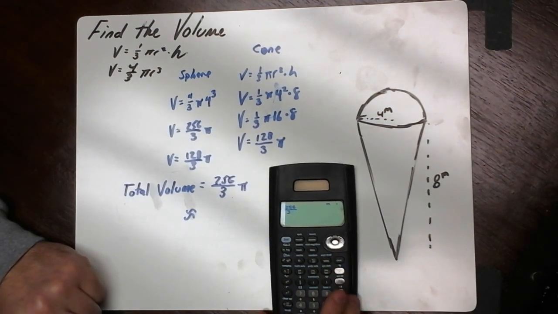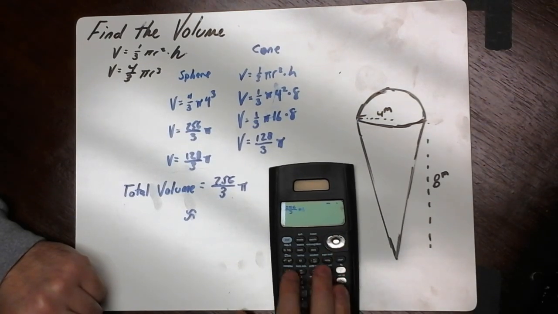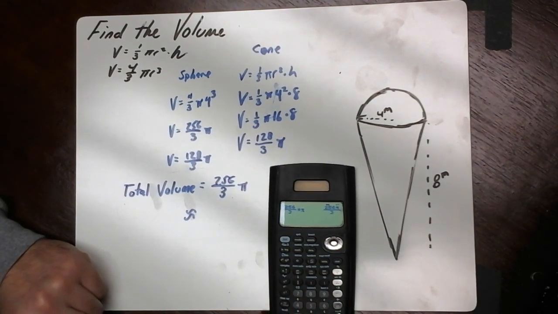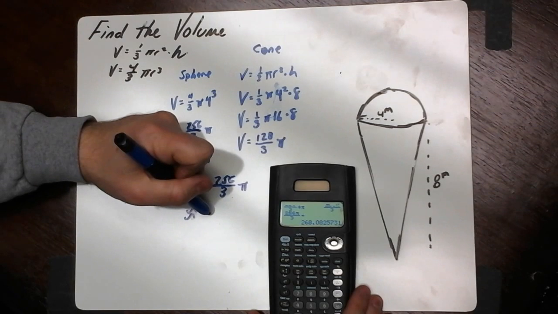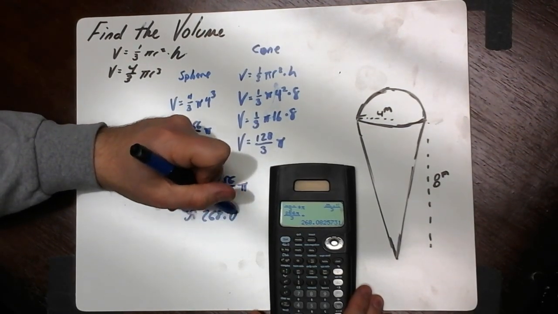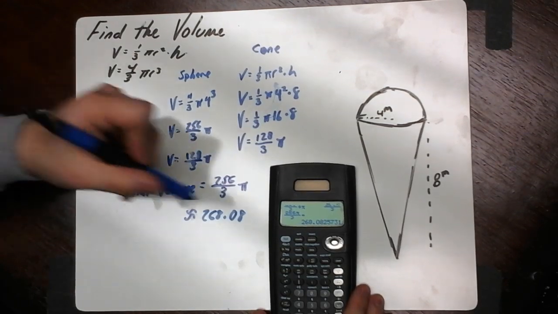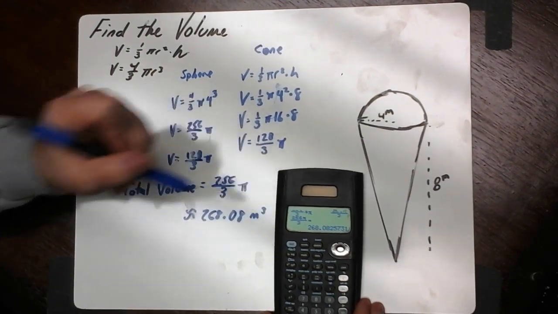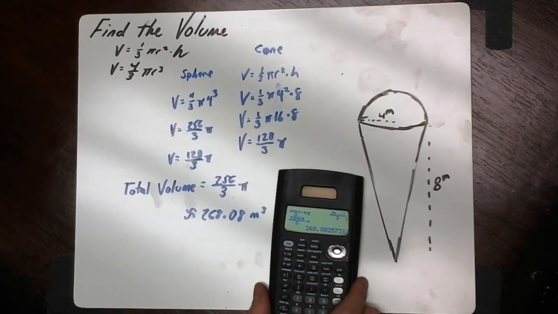There we go. And then times pi. And that's 268.08. And in this case, meters cubed. Okay, next.